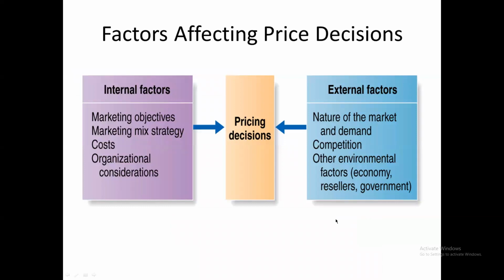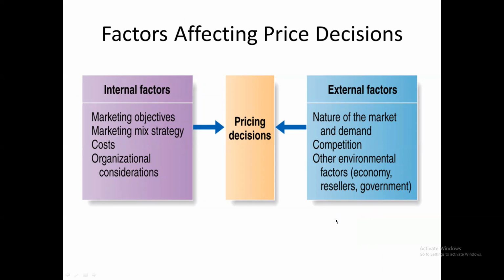What are the factors that affect the pricing decisions? When we decide to set a price, there are some internal and external factors that may influence our decision. What are the internal factors? Internal factors are very related to the product and inside our industry.